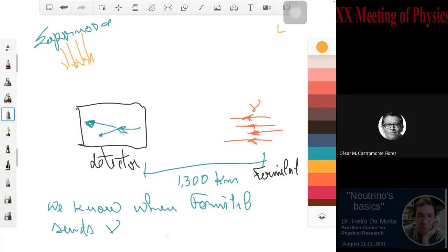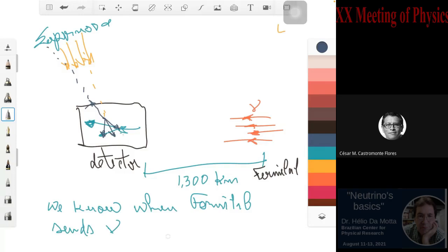So neutrinos from the supernova will come totally out of synchronism with the lab. And second, neutrinos from the supernova will be a very intense burst. We produce something here that will come, say, this way. So by reconstructing this thing that happens here, we see that it's coming from there. It's not coming from the lab. So you know exactly the direction from where it's coming.